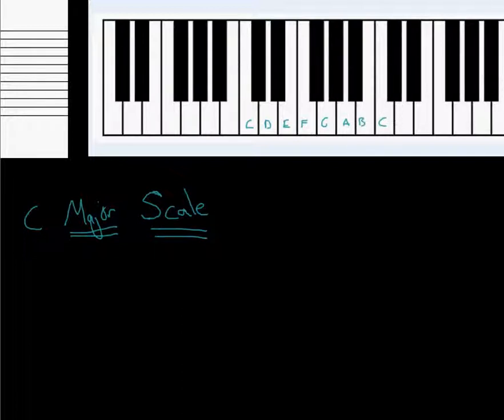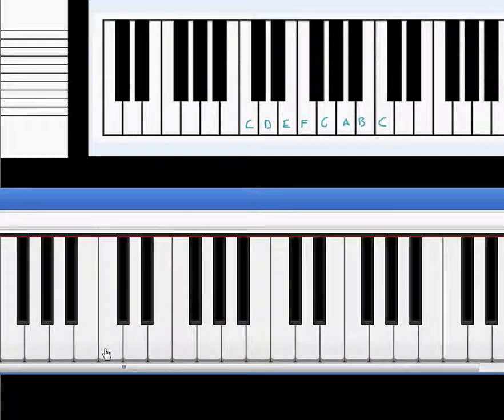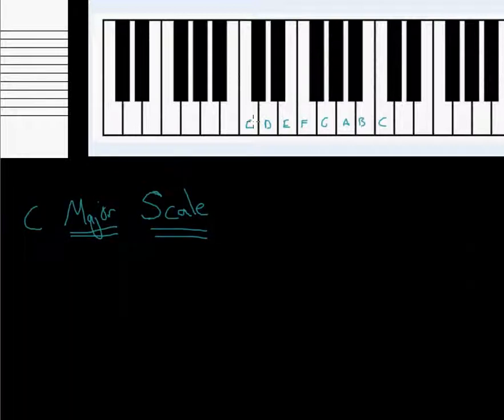Now, I don't think you'll be able to hear this, so what I'll do is sing it for you. C, D, E, F, G, A, B, C. The top C and the bottom C, right? So a major scale sounds like, I guess you might say, a normal scale or a happy scale.